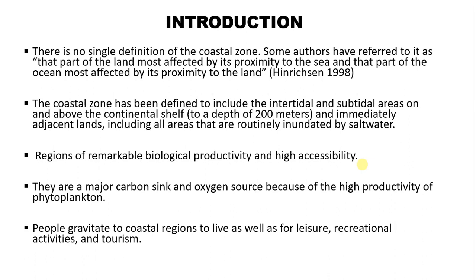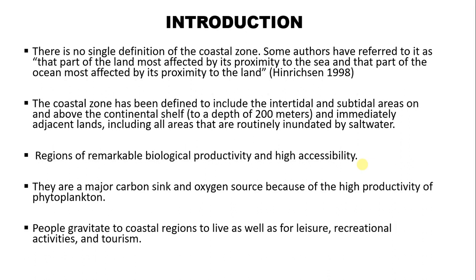So either way, you can say that part of the land that is very close to the sea and thereby impacted by the sea. You can say that part of the sea that is very close to land and most affected by activities on land.